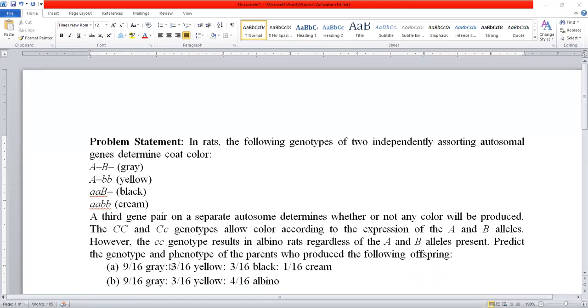So on the basis of these phenotypic ratios, we have to determine the genotype and the phenotype of the parents who produce these offspring.